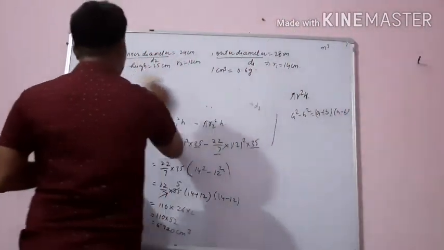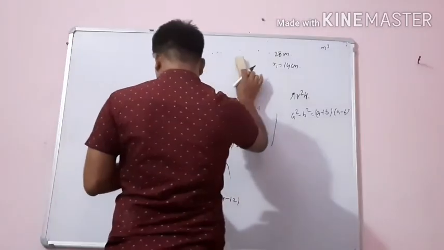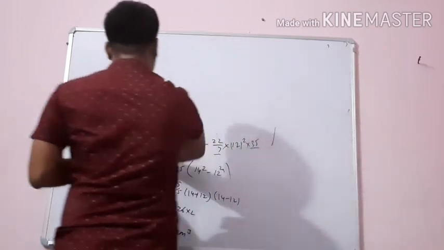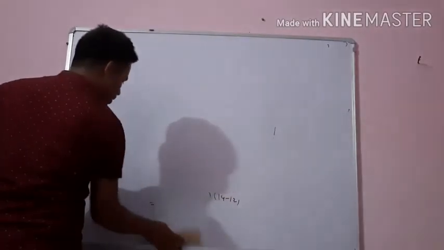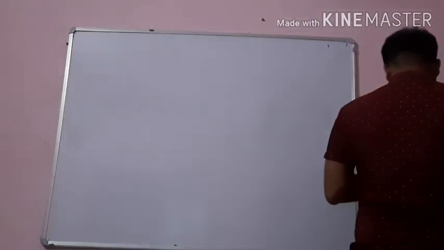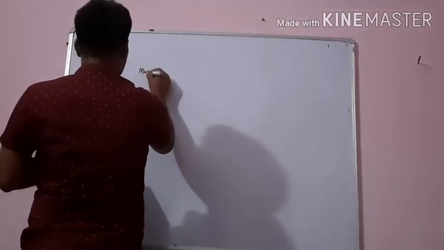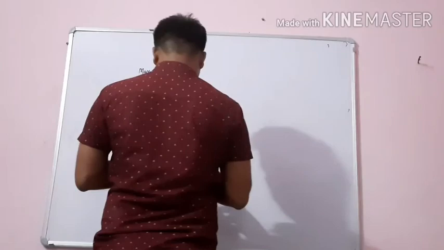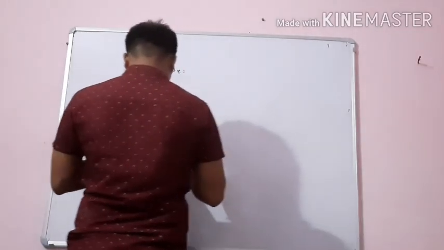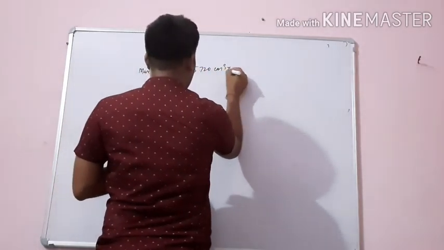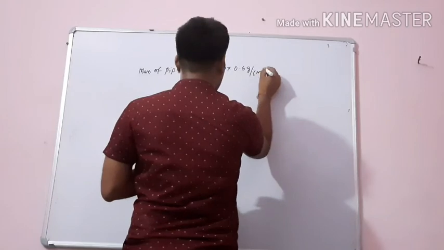Now we have to find the mass of the pipe. The mass of the pipe will be given as volume multiplied by the mass of 1 centimeter cube. So the mass of the pipe equals 5720 centimeter cube multiplied by 0.6 gram per centimeter cube.